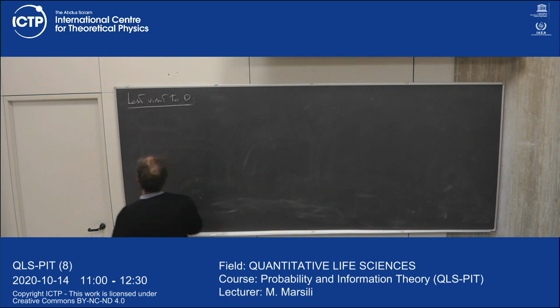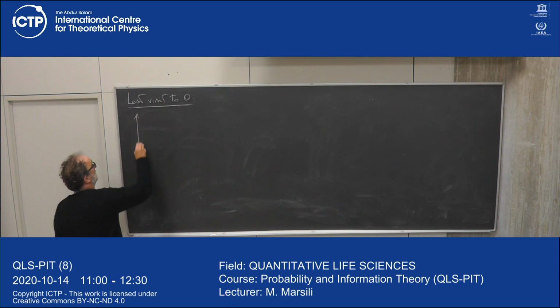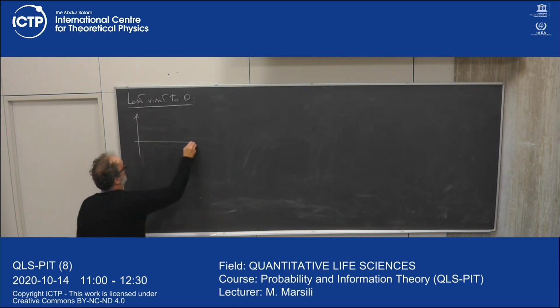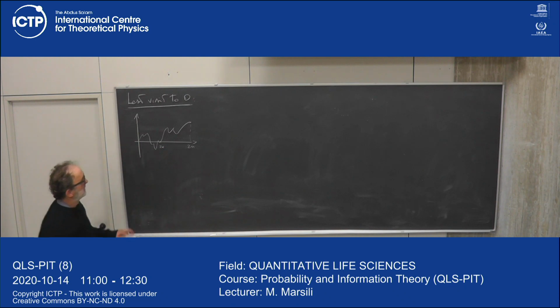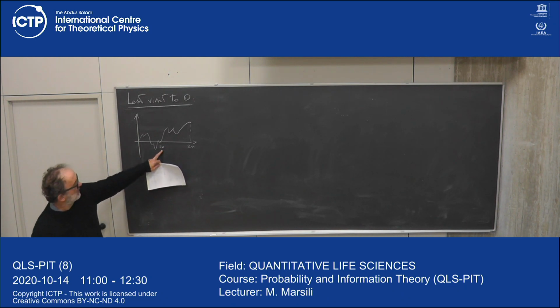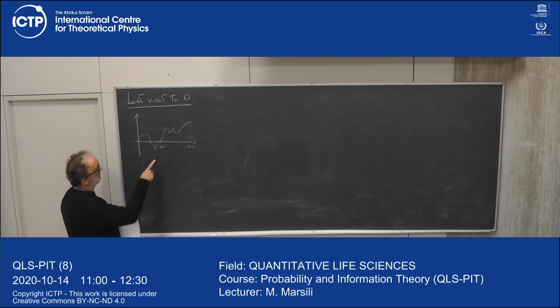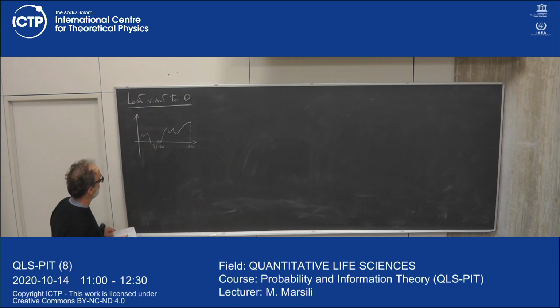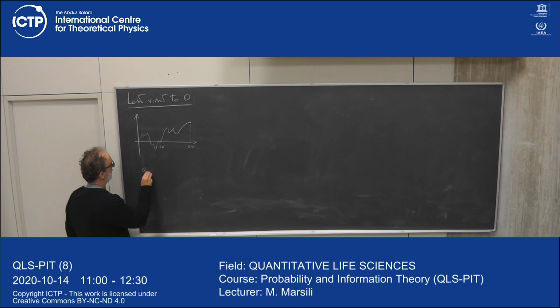So the problem we are considering is: we have a random walk of 2n steps, and we ask what is the last time k where the random walk was at the origin, and we would like to compute this probability.